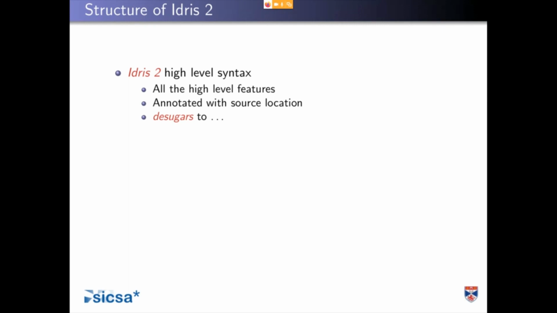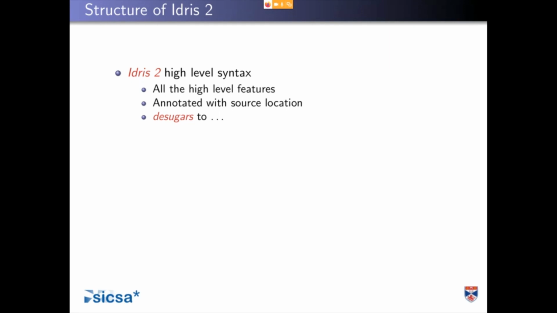That's all the high-level features like interfaces, implementations, where clauses, all of the things that you want to use to make programs look nice, do notation, pattern matching binds, that sort of thing. Throughout, it's annotated with the source location, so that gives us half a chance of reporting error messages in the right way, annotating the output of errors with where it actually came from.